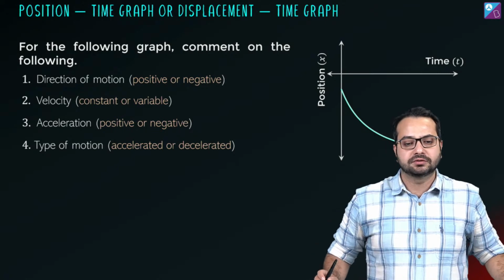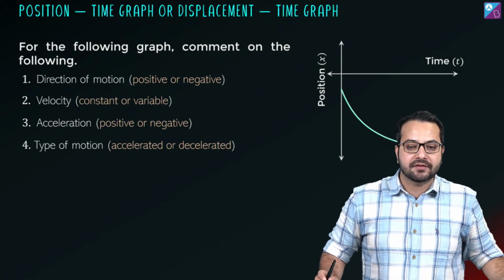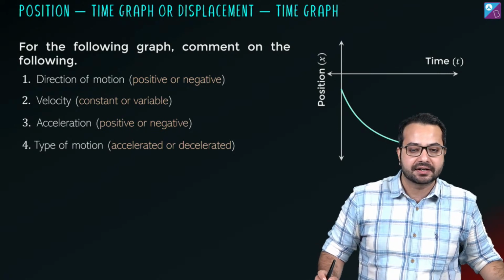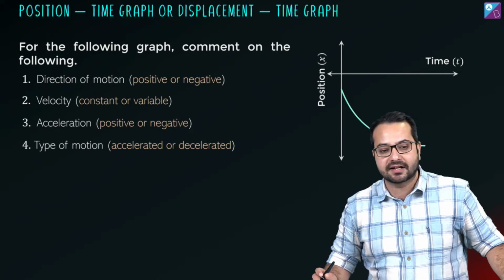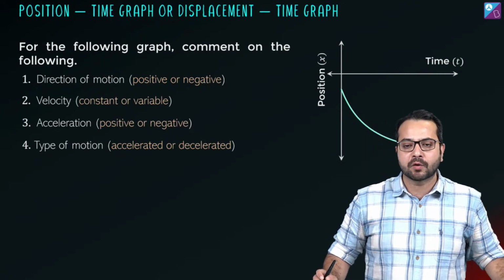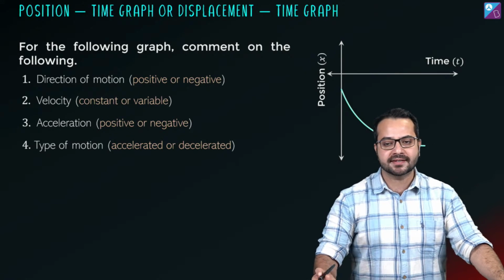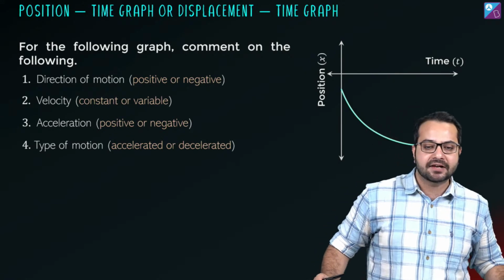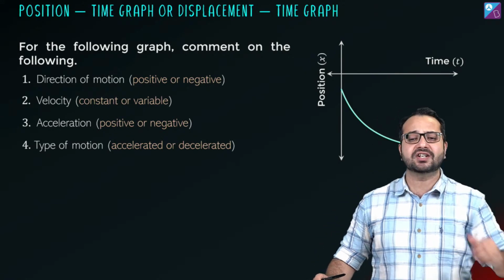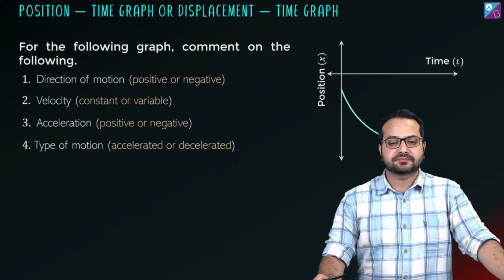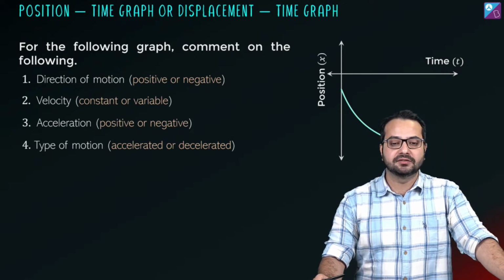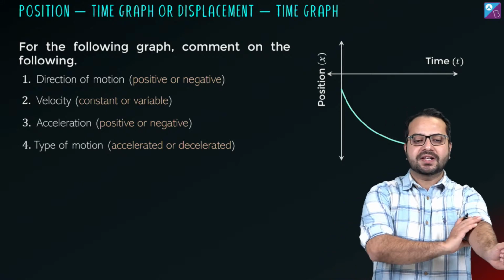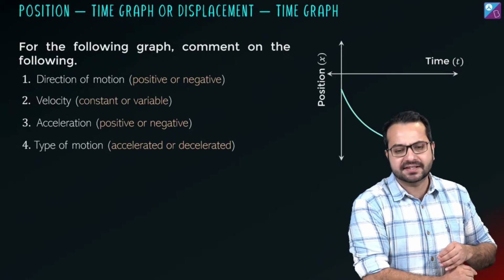Very good. Continue. Negative variable positive accelerated. Oh, I want more answers. 2 answers have matched completely. Negative variable positive accelerated. See Disha. Bang on. Swastika is saying positive acceleration means accelerated.